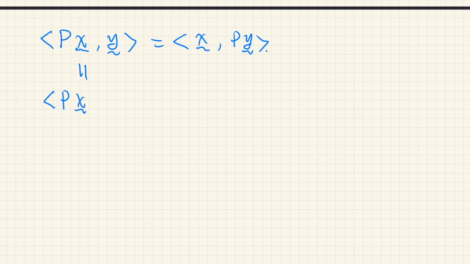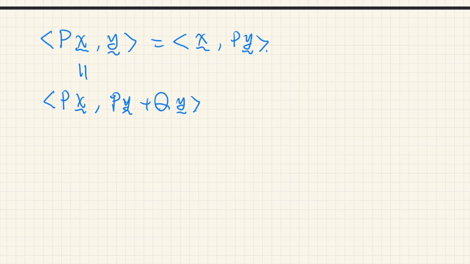And next, we show that the inner product between Px and y is equal to the inner product between x and Py. Okay, let's show this. So this is equal to, first let's decompose y into two parts, Py and Qy.